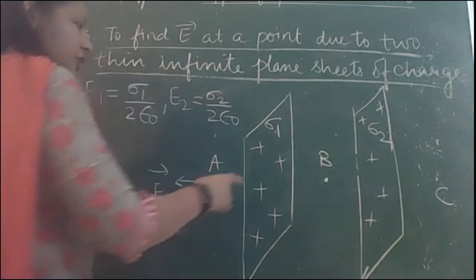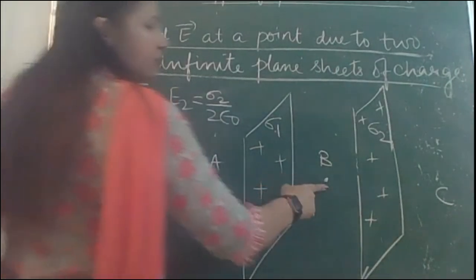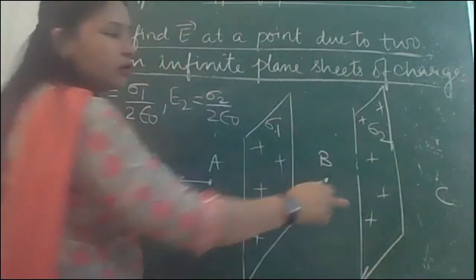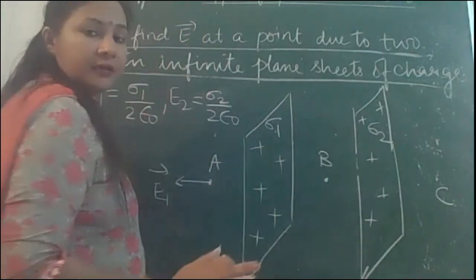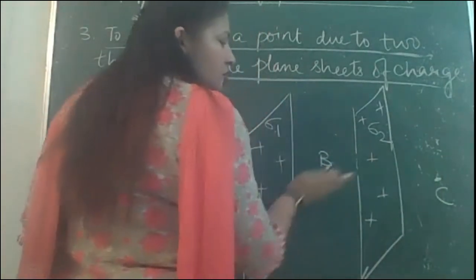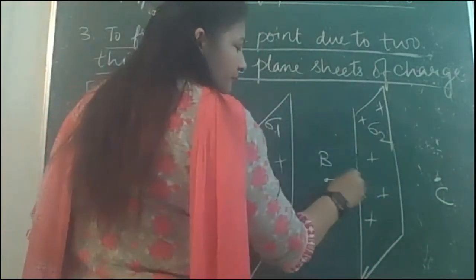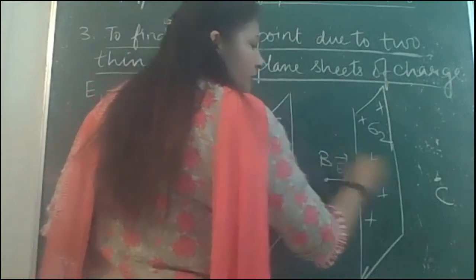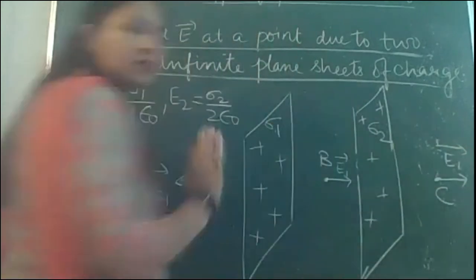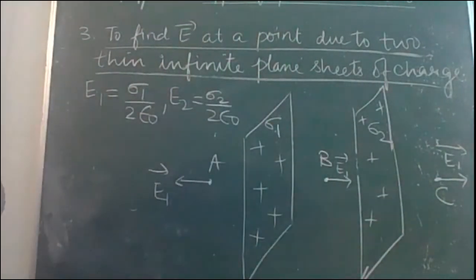And what will be the direction of field at B and C points that are to the right side of the sheet? आप ignore करो, अभी suppose करो second sheet is not here. So again you imagine +1 coulomb of charge here. So electric field is repulsive. This is the direction of E1 here and this is the direction of E1 here. ये किसको समझ नहीं आया वो पूछ लीजिए.